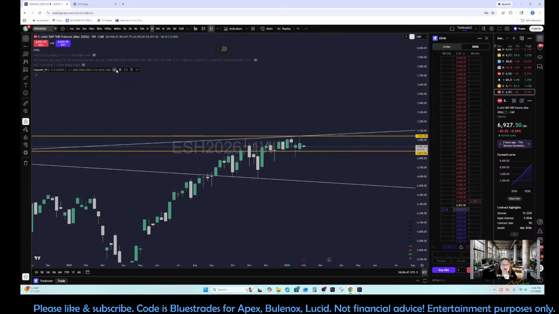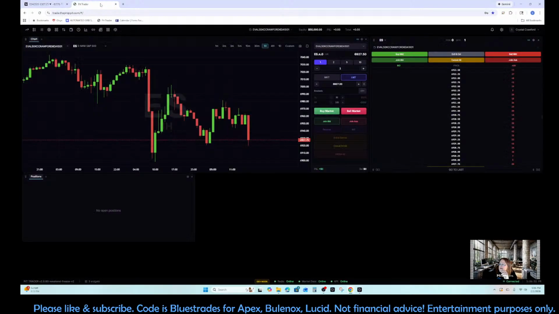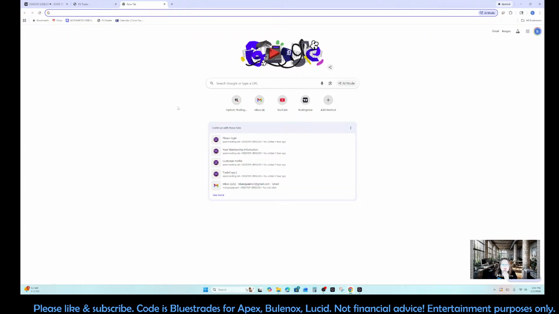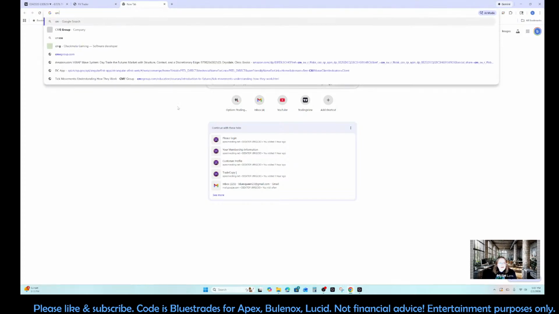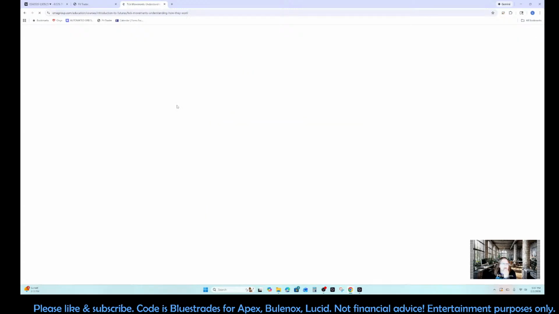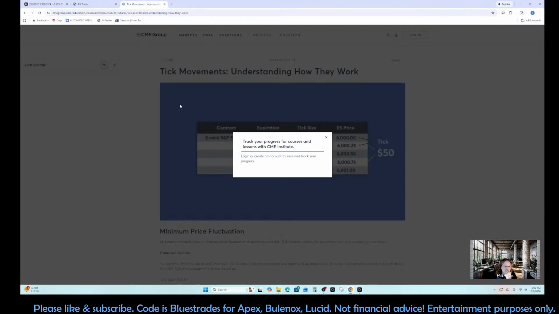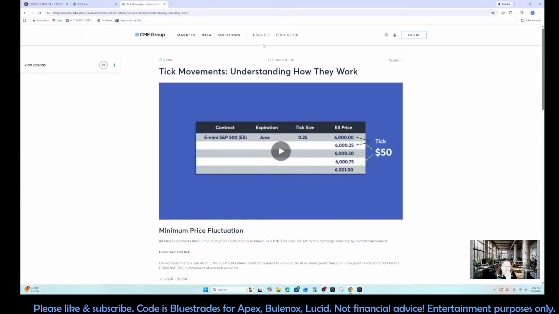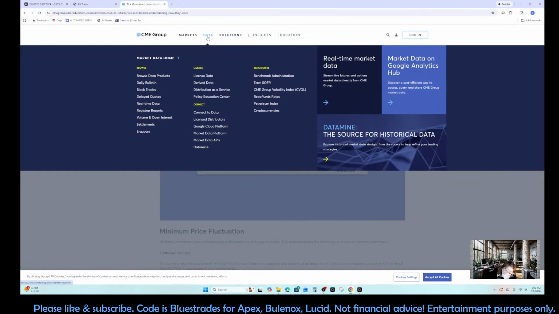Oh, I think I know why. There was something going on with the CME data. I remember somebody talking about an issue with the CME data, something about the order book. So the indicator can't work if it can't get the CME data, because it goes and grabs the data from CME.